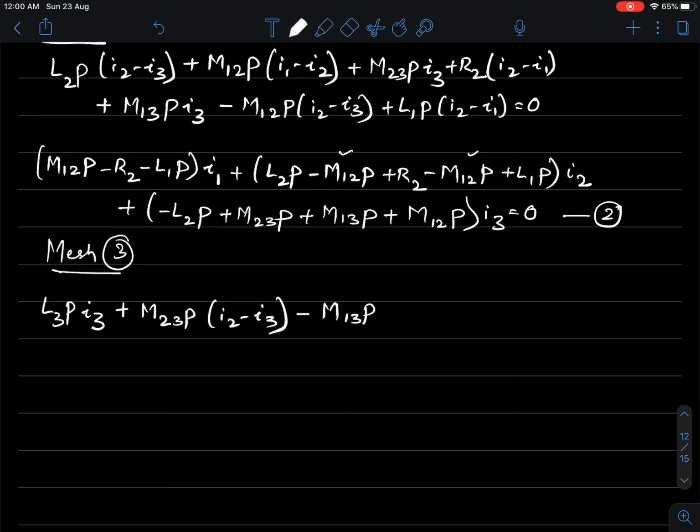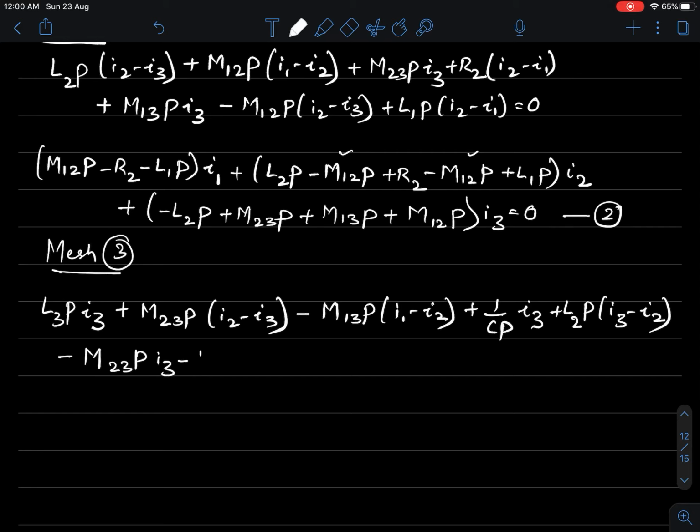Now I am coming across a capacitor, so 1 by Cp into I3. Now I come to L2. I'll write the self-induced EMF first, that is L2P, and the current it carries is I3 minus I2. I'm writing for the third mesh. Minus, because raising potential, I'm hitting a negative sign, M23P into I3, minus, again raising potential, hence the negative sign, M12P into I1 minus I2, equal to 0.